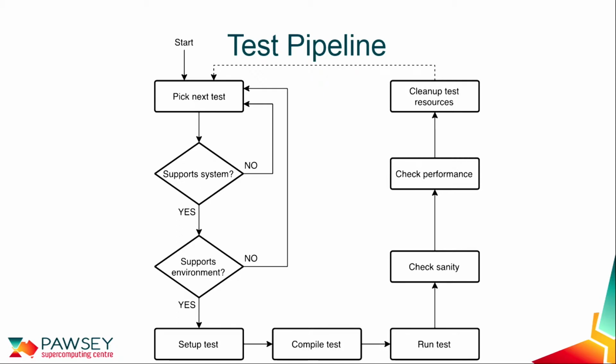You can bypass that. You can also bypass checking for performance, but you can give a bound of plus minus threshold, and then it will pass or fail according to that.